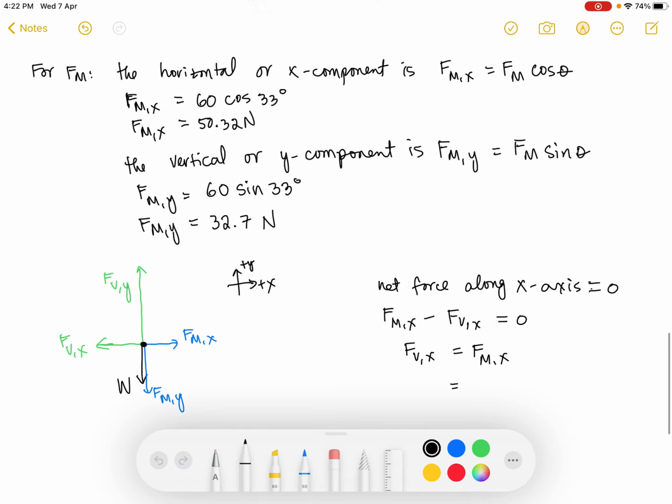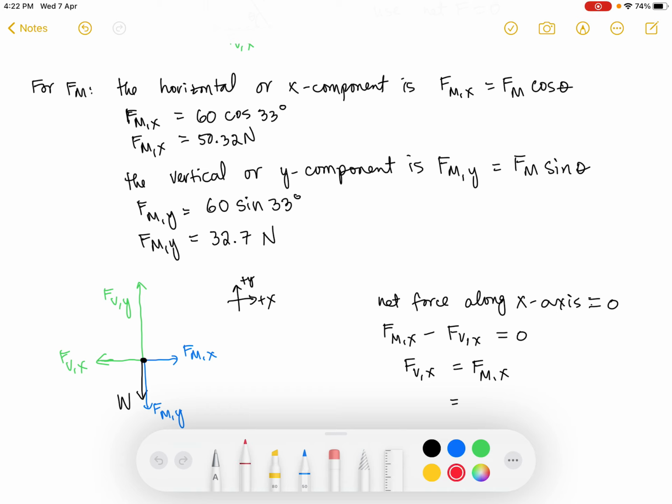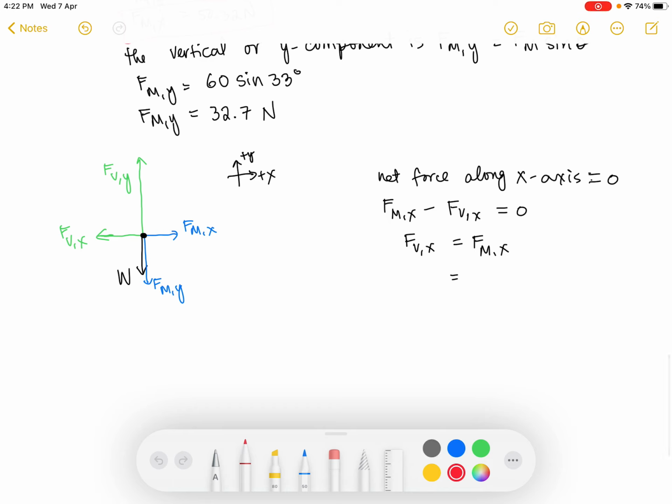Fmx, we have already solved here. Fmx is equal to Fm cosine theta, or Fm is 60 newtons times cosine 33 degrees. So Fmx is 50.32 newtons. So the magnitude of Fvx should also be equal to 50.32 newtons.